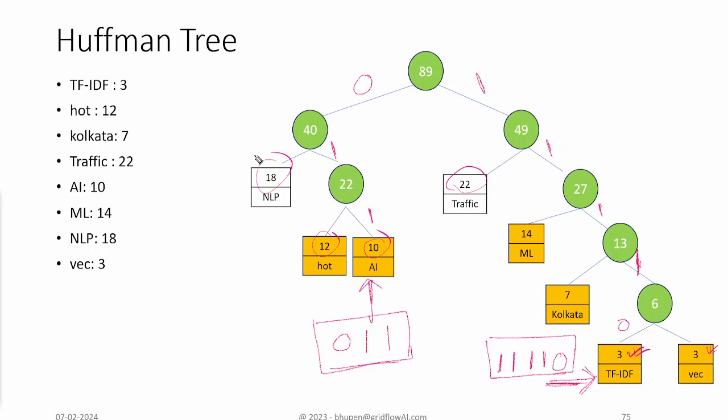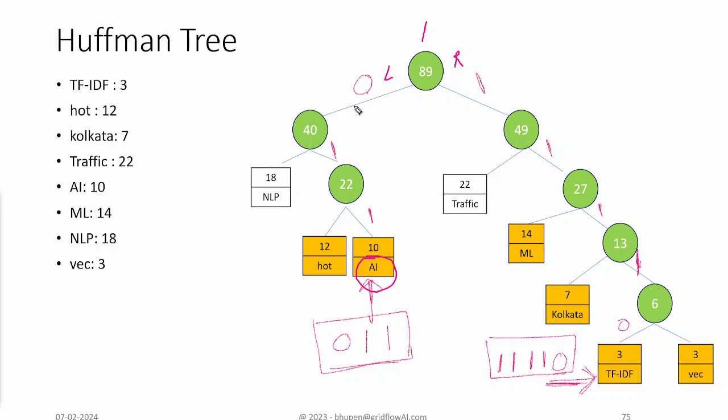Now, with this tree formation, the algorithm is going to assign a code to each word. For example, let's say AI. This word AI will have a code starting from the root, going left and right. Let's say the convention is that left is 0 and right is 1.